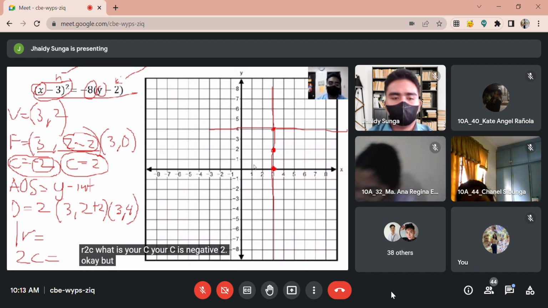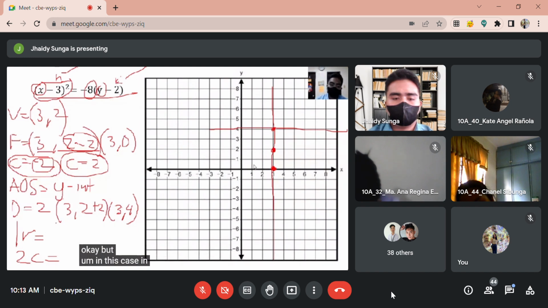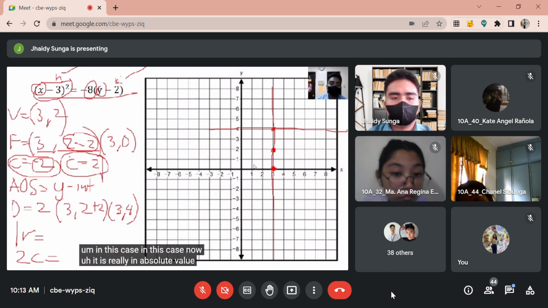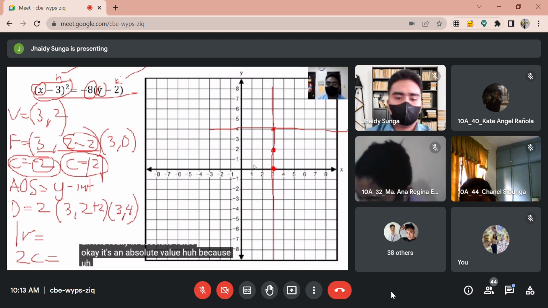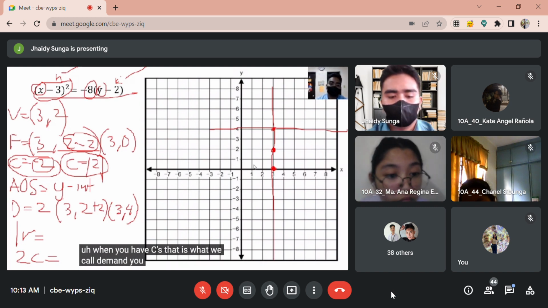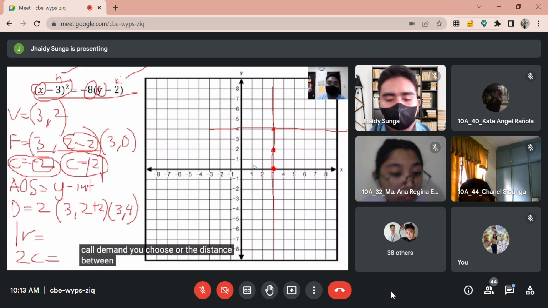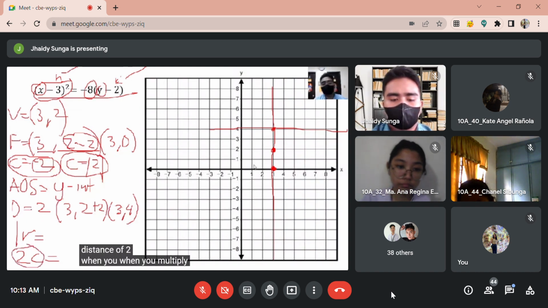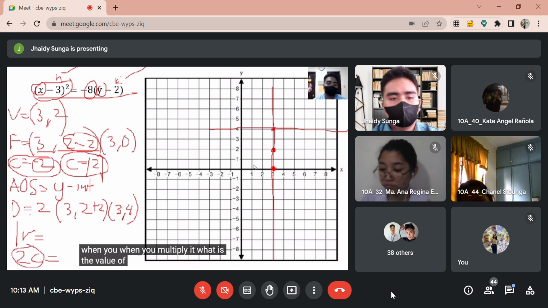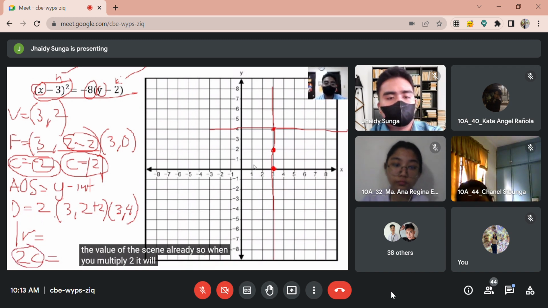But in this case, it is in absolute value, because when you have c's, that is what we call the magnitude, or the distance between sides. So if you have the distance of 2, and when you multiply it, it will become 4.